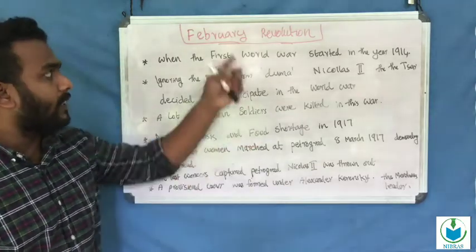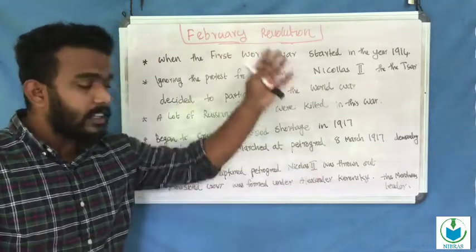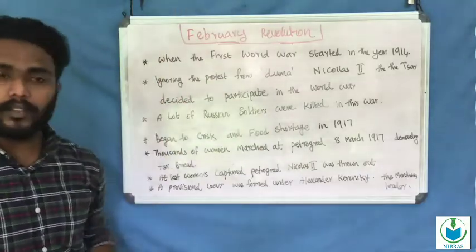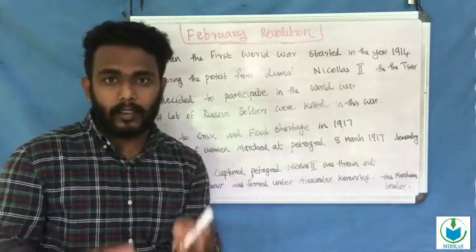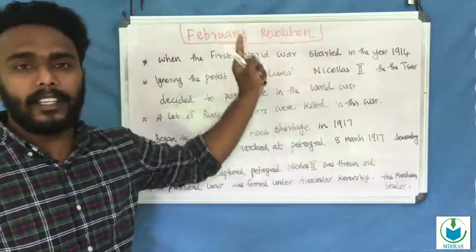So it happened in February by the Julian calendar, so it is called the February Revolution. Let's look one more time at what the February Revolution was in the Russian Revolution.